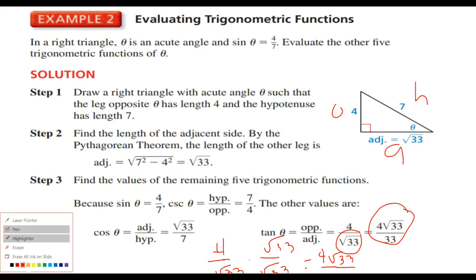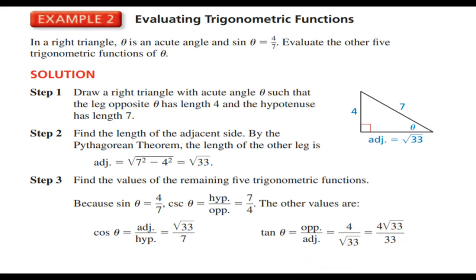Now moving on, secant now will be the reciprocal of your cosine, which is hypotenuse over the adjacent. So same thing here. You have here a radical sign at the denominator, so we need to rationalize that.